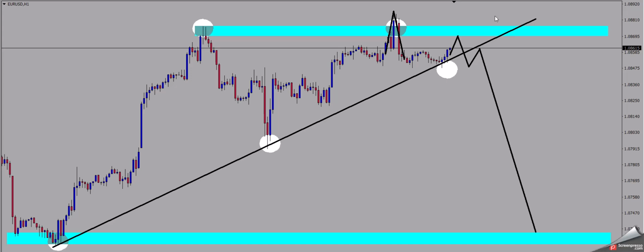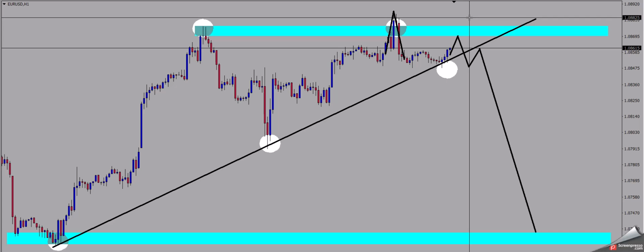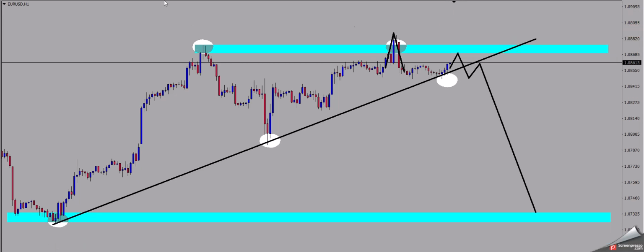Now, if it goes up, our trade is invalidated. If it goes up and breaks past here, our trade is invalidated. If it just does this, it's not invalid yet.